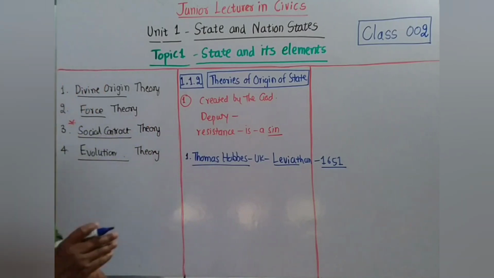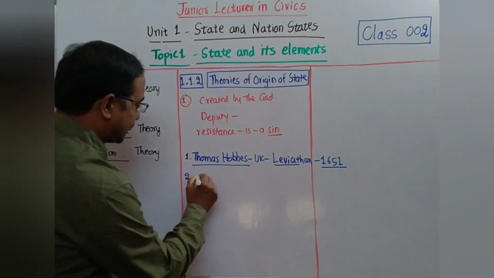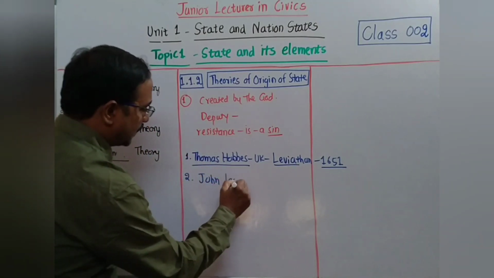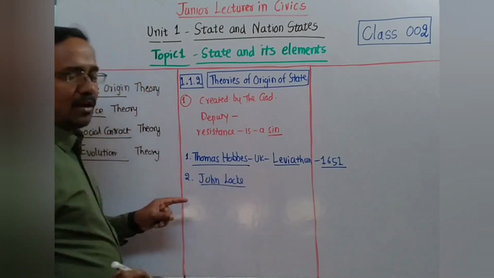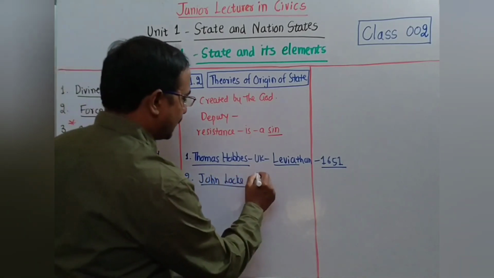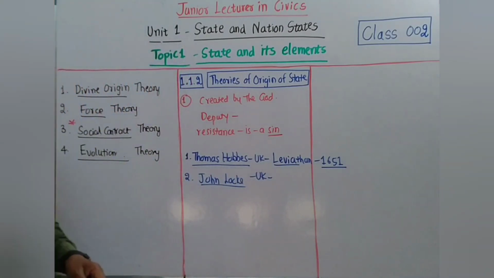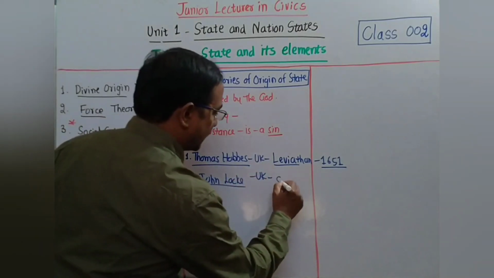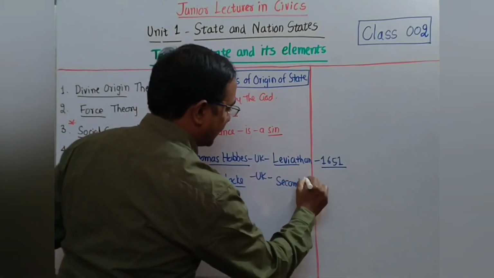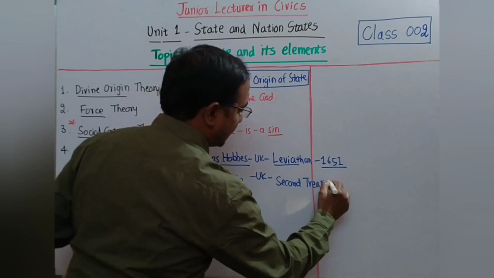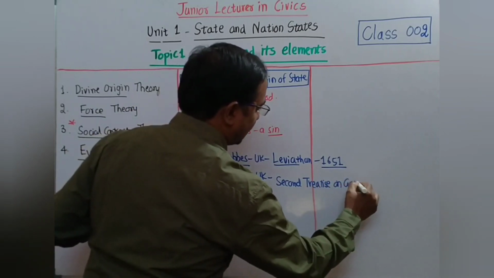Next, the second person, John Locke. He also belongs to the UK, that is present England, and he has written a book, Second Treatise on Government.